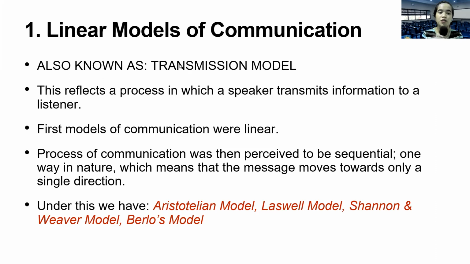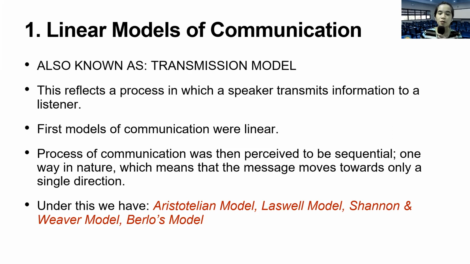This reflects a process in which a speaker transmits information to a listener. The first models of communication were linear. When we say linear, it's just a straight line, a one-way process of communication.